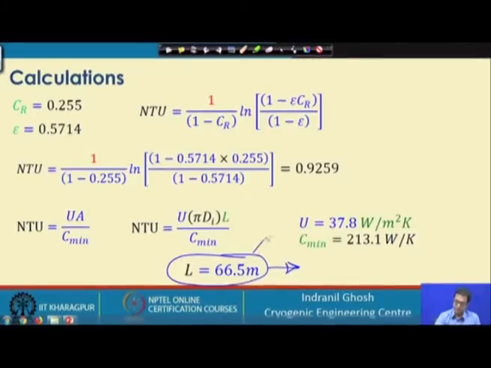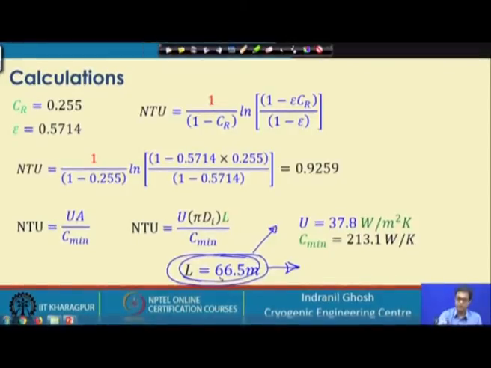Though it may appear impractical to have such a long heat exchanger, we find that this length is necessary if we have a coaxial tube-in-tube heat exchanger of given di and do. So, either of these techniques can be adopted for this problem.